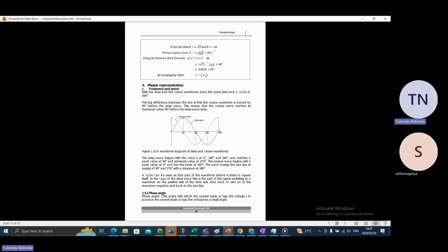So whenever we have a sine wave, it is always going to be following the cosine wave, and the cosine wave is going to be ahead.